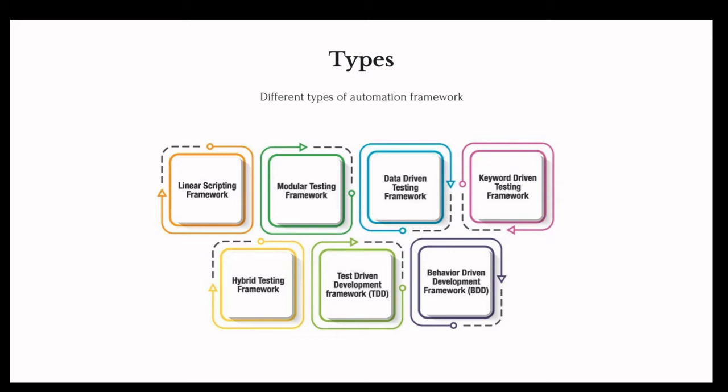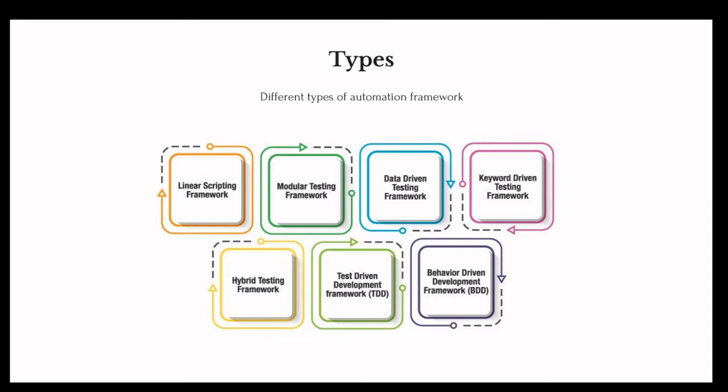so let's talk about the different types of automation frameworks. There are around seven automation frameworks which I identified. There might be other frameworks available, but the most used, most popular frameworks are these. First one is the linear scripting framework, which is a little bit old and out of date right now.